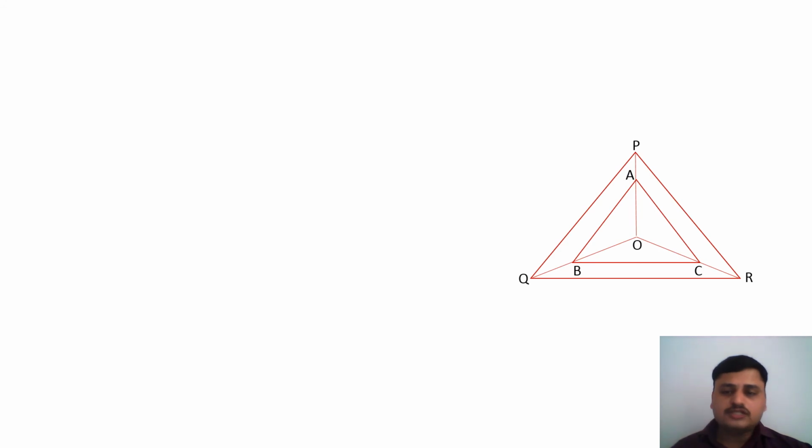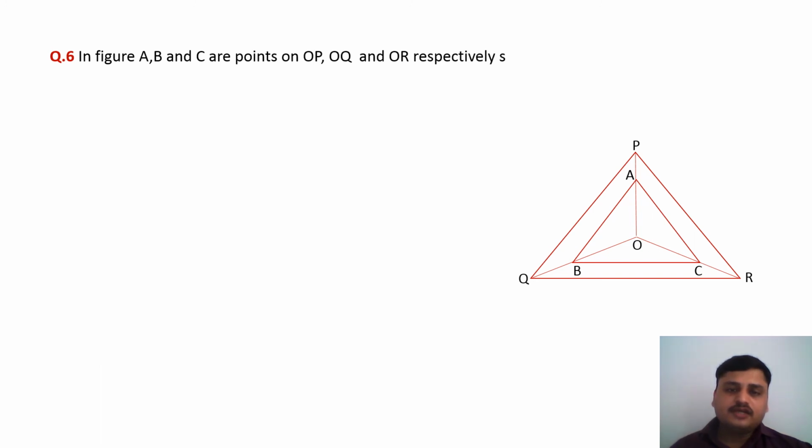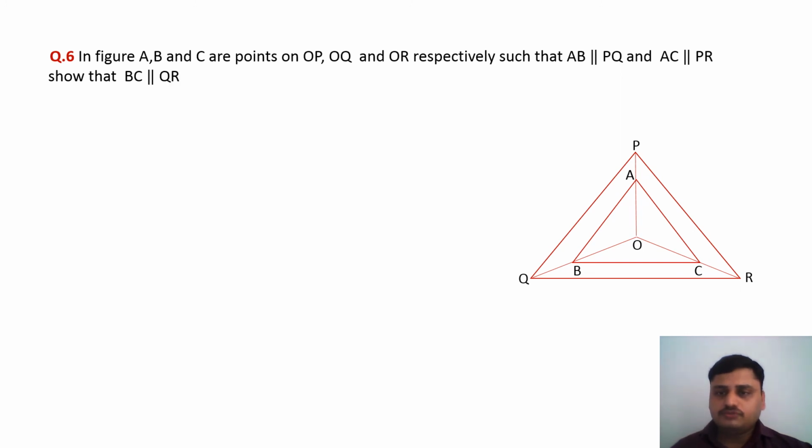Now see this question. In this figure you can see what is given. A, B and C are points taken on the sides OP, OQ and OR respectively, such that AB is parallel to PQ and AC is parallel to PR.